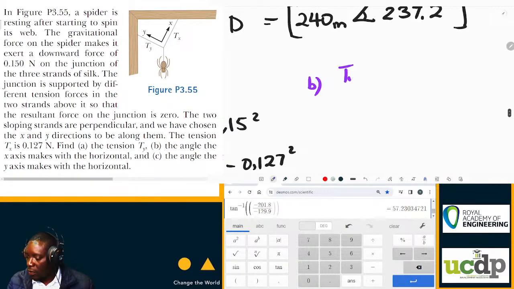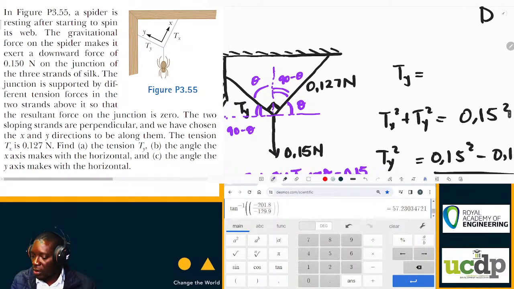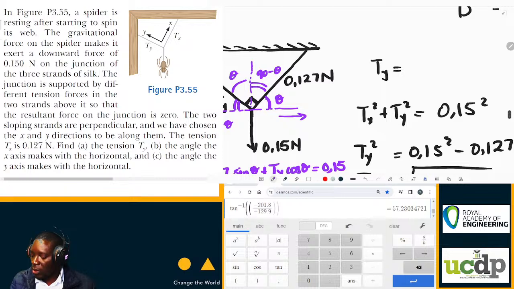So Ty sine theta, remember, is the component to the left. Ty sine theta is equal to 0.127 cos theta.